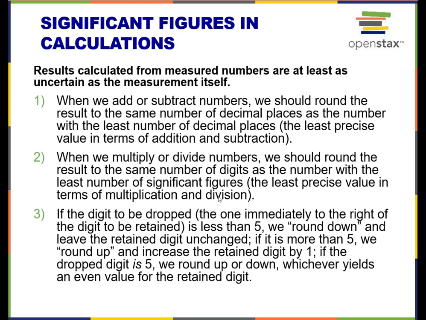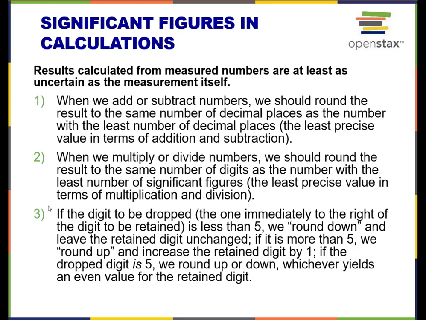The same is true when I multiply and divide. If I multiply two numbers together, my answer has to have the same number of significant figures as the number with the fewest significant figures of those that I was multiplying.